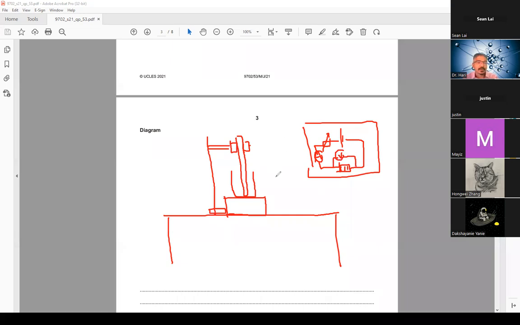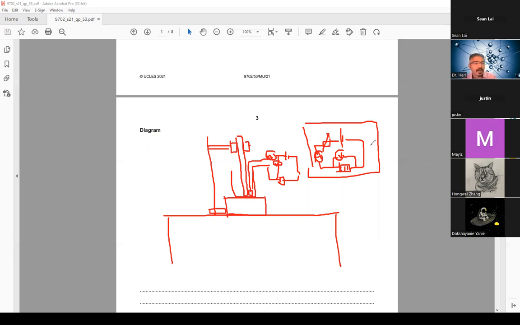Maybe you put a heating element here, and then the ammeter here, goes through a power supply. This is also good enough. This is also fine. Variable resistor, and then the voltmeter like that. This is okay. You can label this as a schematic diagram, or you can show this separately.